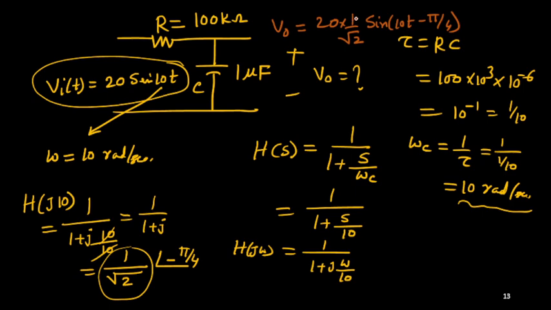So it is a low pass filter, and you can see that its cutoff frequency is only 10 radian per second. It's very low. Now we can increase or decrease it depending on the values chosen for the capacitor and resistances. So we can design higher order low pass filters.